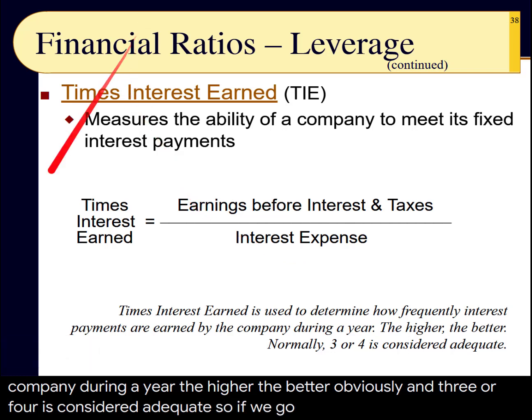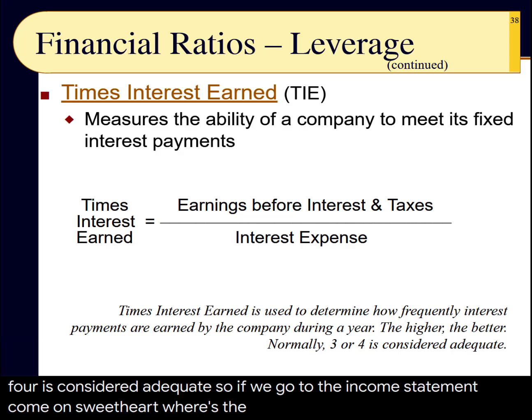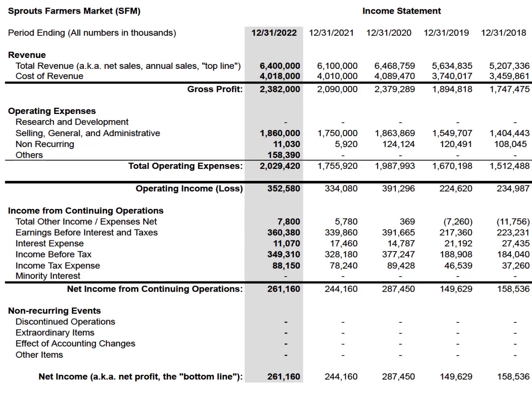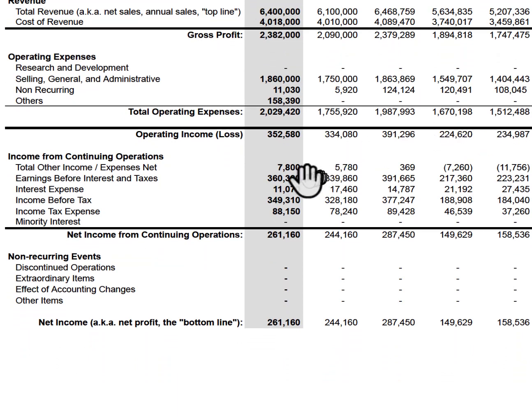So if we go to the income statement, come on, sweetheart, where's the income statement? There's the income statement. And we take the interest expense, 11,070, and the earnings before interest and taxes, 360,380. And then what do we do? We go back to this guy.